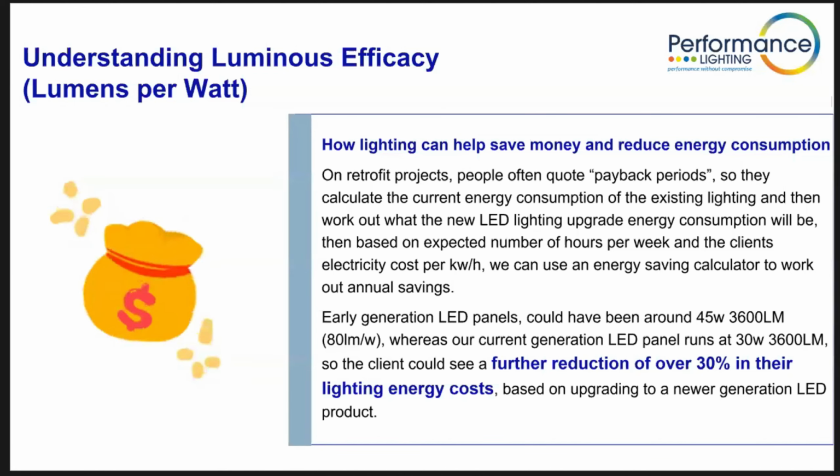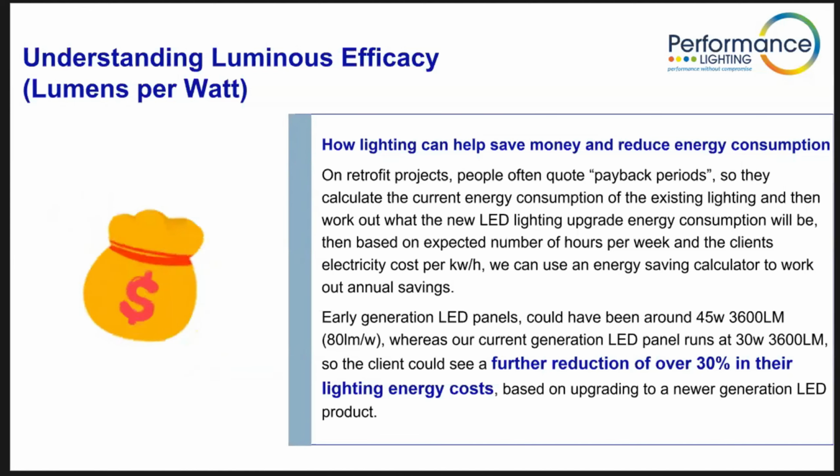So that's a 50% energy saving. If that's the only light fitting in your building and your lighting was costing you £50,000 a year, as an example, and you swap to LED, you're suddenly going to halve that energy cost to £25,000. So by changing to new LED lighting, it shows how much money you're going to save. And then we can work out what's called the payback period.